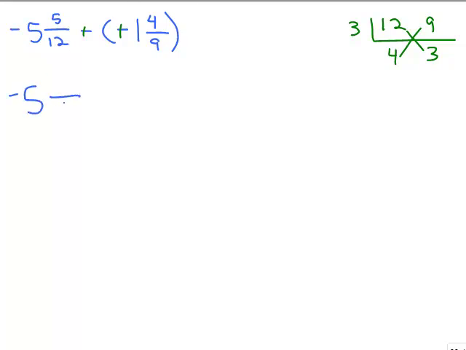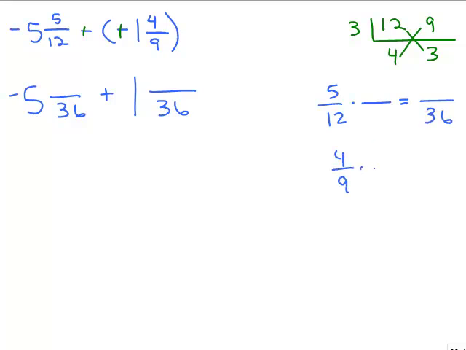So I know I'm going to write this first one with a denominator of 36, and this is now a plus sign. I'm going to write the second one with a denominator of 36. So we want to write 5/12 with a denominator of 36, and I want to write the 4/9 with a denominator of 36. So for the first one, multiply by 3 over 3, 15 will be your new numerator.